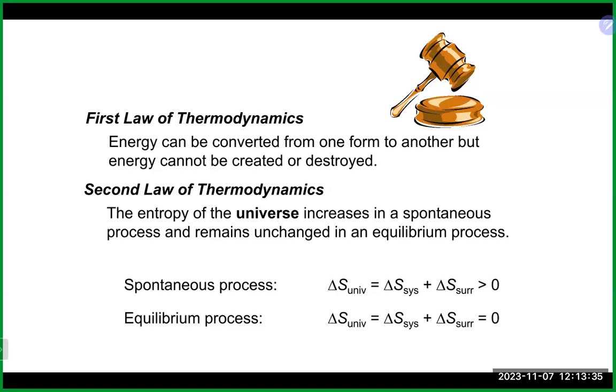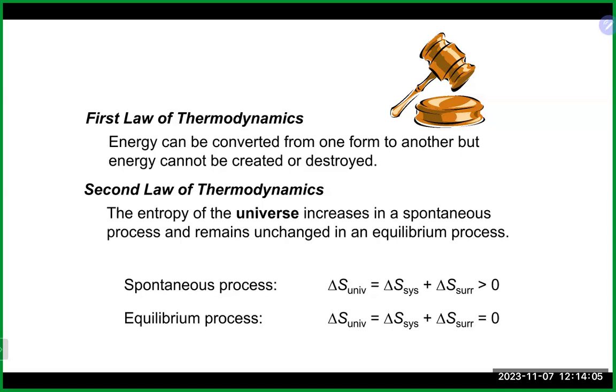The entropy of the universe is increasing in a spontaneous process and remains unchanged in an equilibrium process. That's because in an equilibrium process, the rate of the forward direction and the reverse direction equal each other, which means everybody gets locked into place, so there's really nothing changing in terms of entropy.